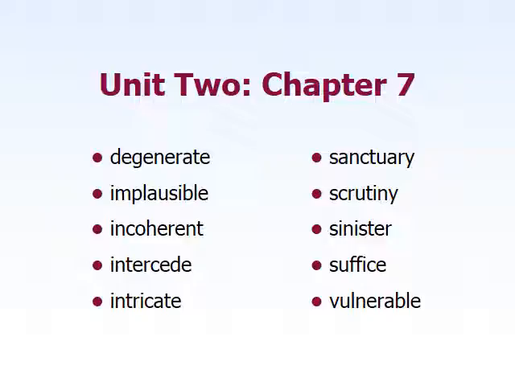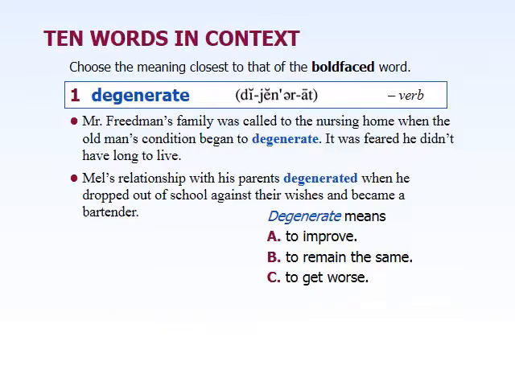Sanctuary, scrutiny, sinister, suffice, and vulnerable, and that's a clue, the ABLE. So let's look at this first one, degenerate, and again this is ending in that "ate" sound, making it a verb.